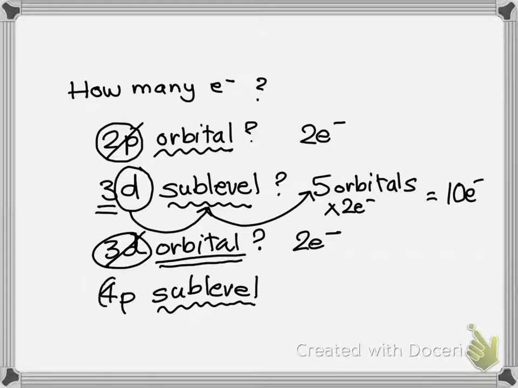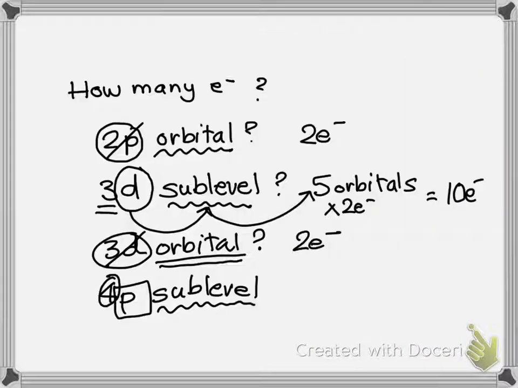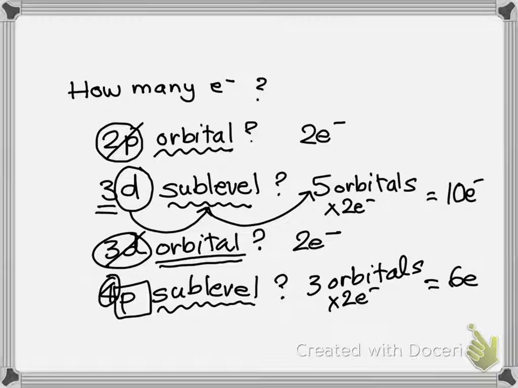So it doesn't really matter even that it's 4. What I'm looking at is p's. I look back here and a p sublevel has 3 orbitals. Anything that's a p, I have 3 orbitals. And there's 2 electrons in each. So that means a 3p would have 6 electrons.